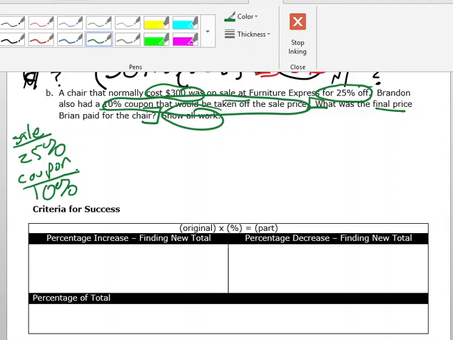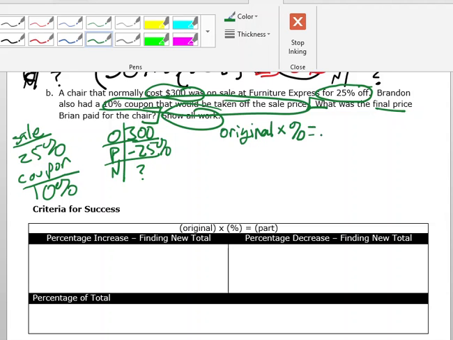So I'm going to make my OPN chart over here first to find the sale price. My original was 300. It's 25% off, minus 25%, and I'm going to find my new. So I'm going to go original times percent is equal to new. My original is 300.